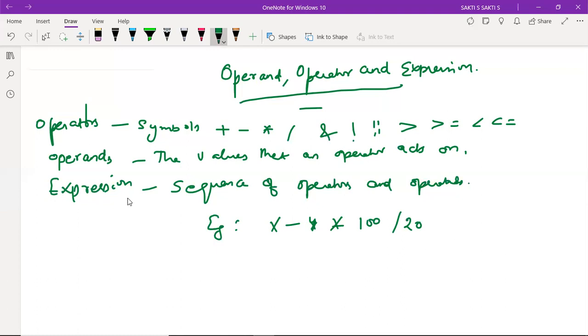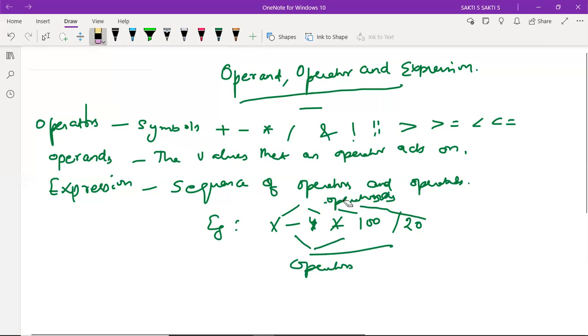Can you tell me what the operators are here? Minus, multiplication symbol and division are all my operators. Whereas x and y, and the same way 100 and 20, are all operands. Let me write it once again for you; I couldn't place my cursor properly.